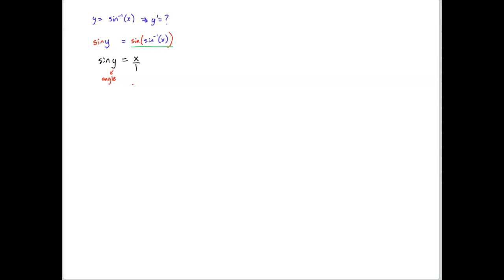So if I built a triangle out of that, here's a right triangle, and this would be angle y. Remember, the ratio for sine is opposite over hypotenuse. So the opposite of angle y would be x, and the hypotenuse would be 1.